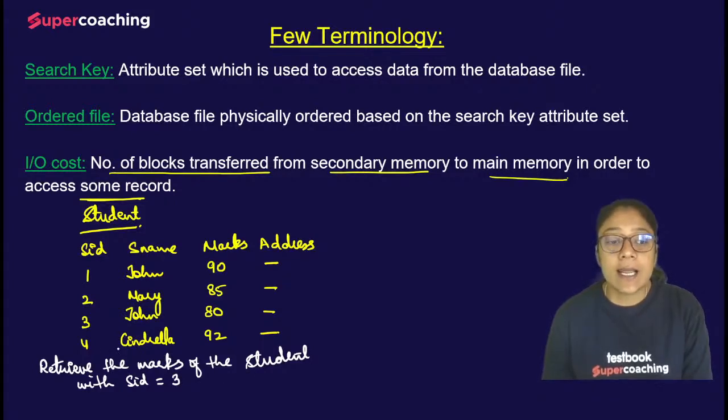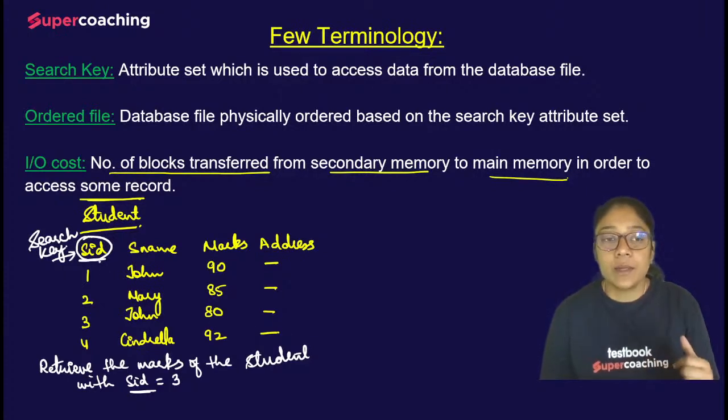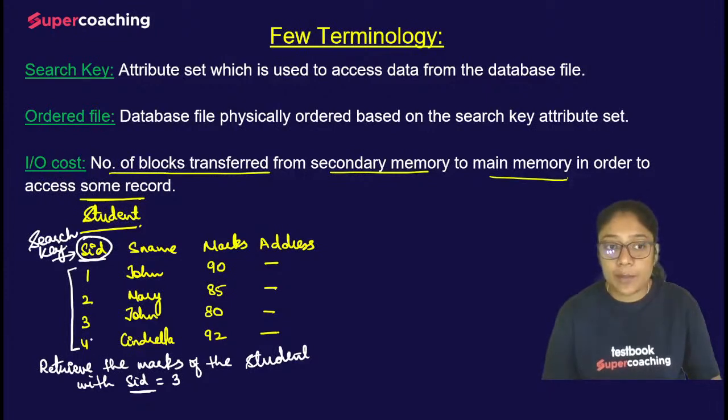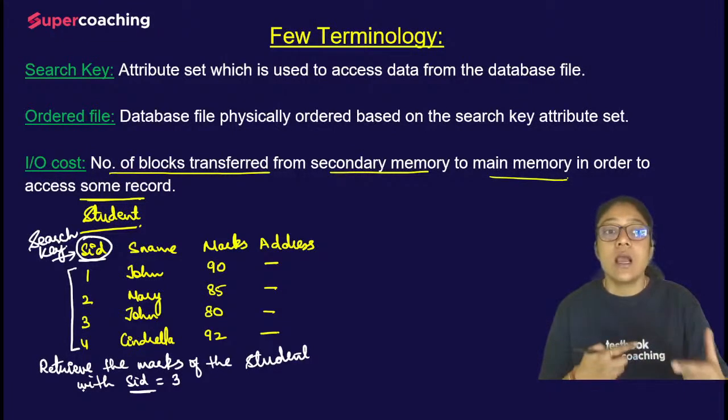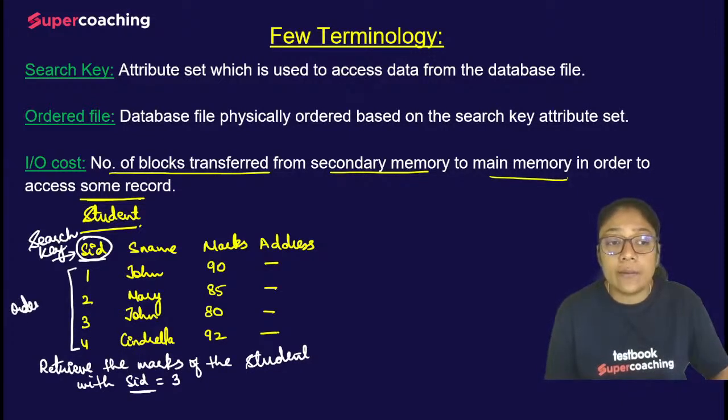This means I'm searching for a record on the basis of the student ID. So student ID is behaving as the search key for this database. What does ordered file mean? This file is ordered because the student ID is coming in one particular sequence. So this file is ordered.